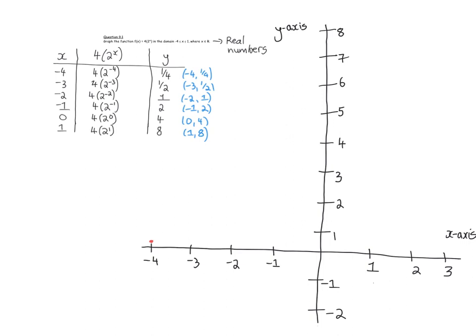Plotting those points then, we have minus 4, a quarter, so that would be approximately here. We have minus 3, a half, approximately here, minus 2, 1, minus 1, 2, 0, 4, and 1, 8. Something similar to that, and then you just join them together.